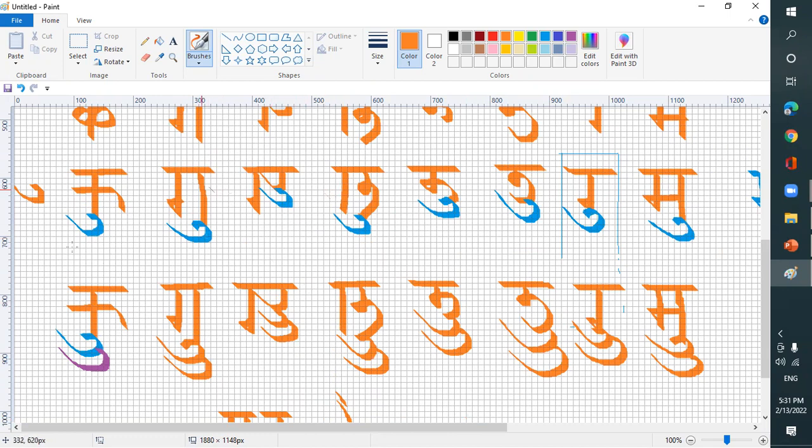Have you understood now this U and U matra, special U and U matra for only these alphabets? And now how to remember it, that will come with the practice. As we learn it, we will actually remember it.